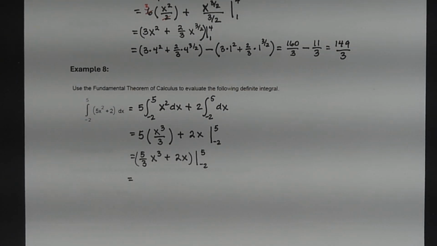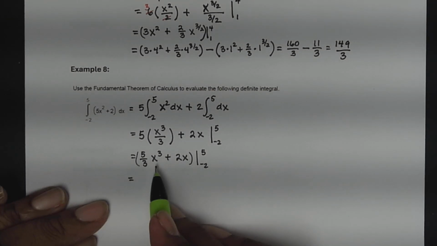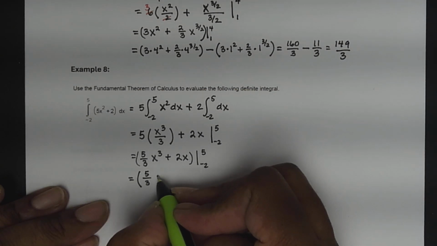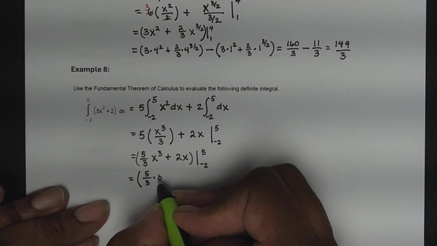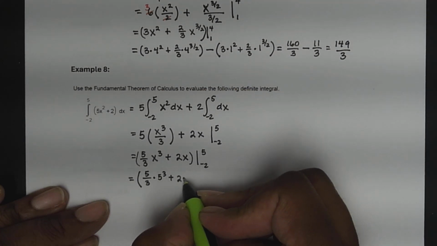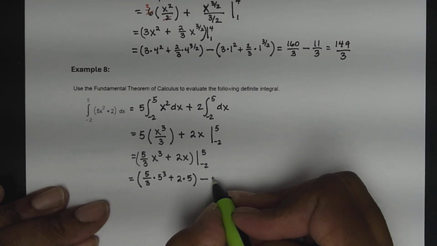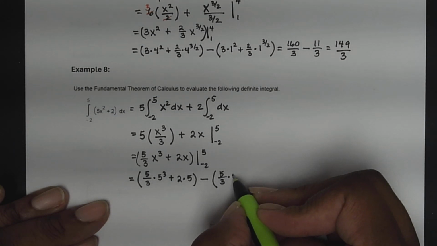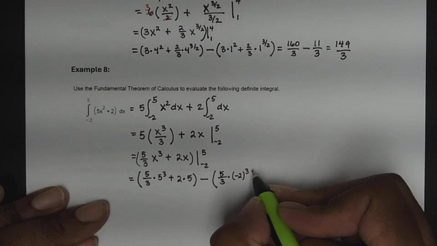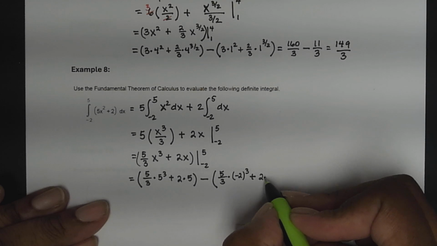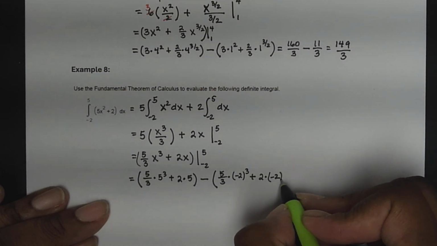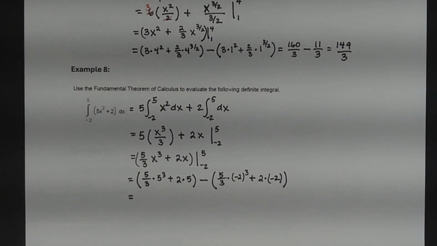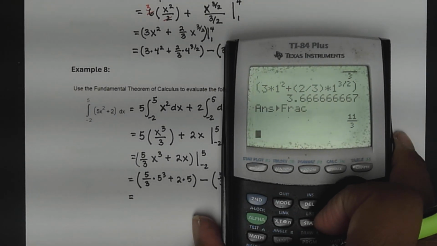Now we do the upper limit minus the lower limit. Replace this x with the 5, so this will be 5/3 times 5 cubed plus 2 times 5, minus my lower limit, 5/3 times -2 raised to the 3rd plus 2 times -2. So let's evaluate the upper limit.